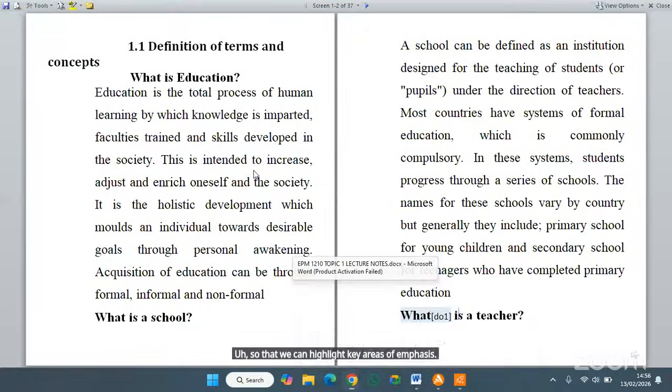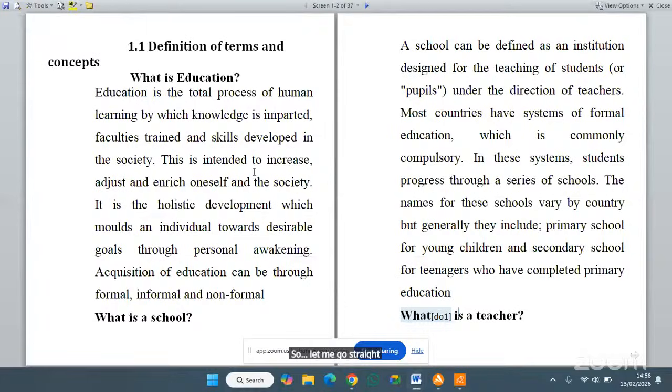So let me go straight to the first topic of this unit. It is about the introduction and basically dealing with the terms and concepts that are related to Introduction to Education 2. First, what is education?